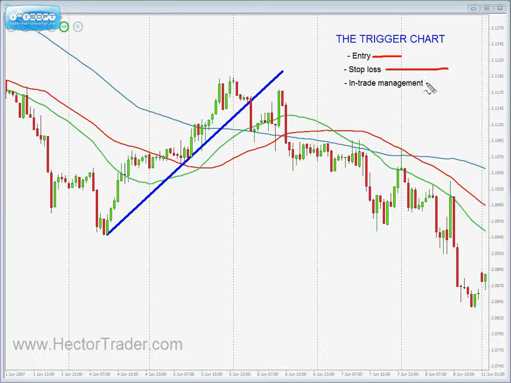Anyway, in-trade management. In-trade management is all about following price in real time, as the chart unfolds, as your trade unfolds, in order to spot possible signals of weakness in your trade, in order to exit as soon as possible, minimizing your risk, and therefore your potential loss.